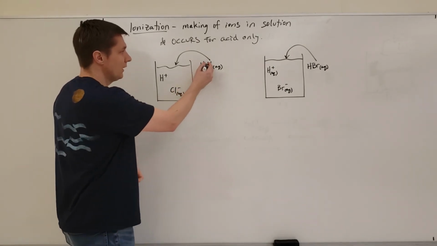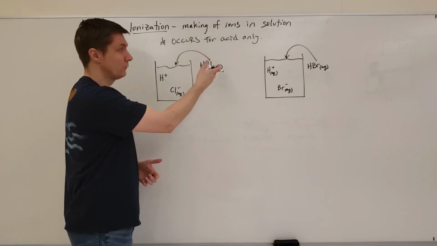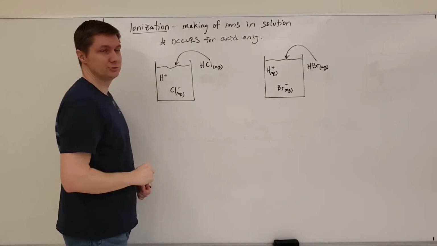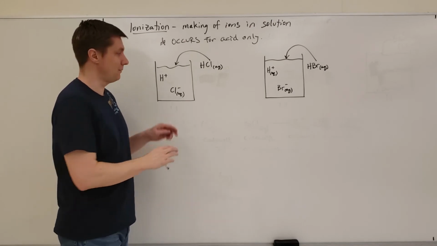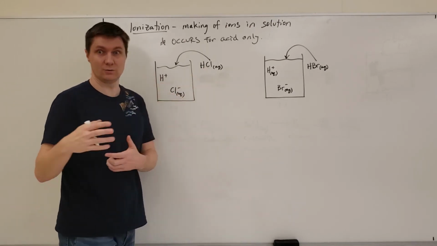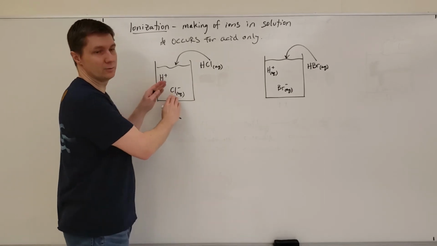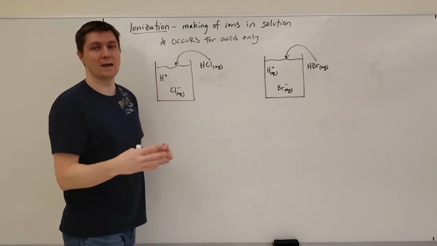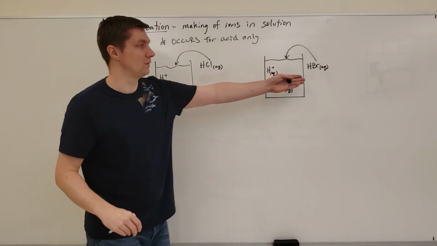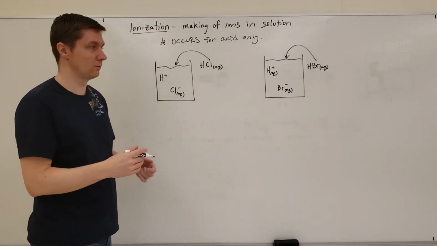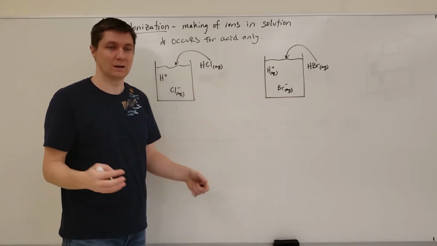And so, for example, hydrochloric acid, we put this into solution, and it's going to make hydrogen ions and chloride ions. It's not made of these, like sodium chloride is made of sodium ions and chloride ions, but this is the end result of putting this acid into water. Same thing with hydrobromic acid. We get the same result in terms of making ions.